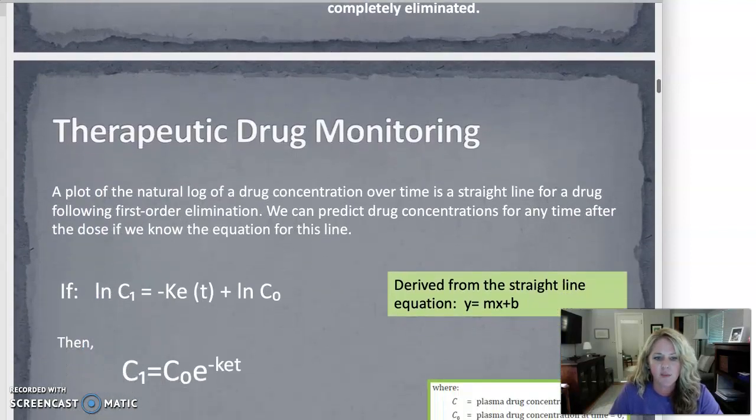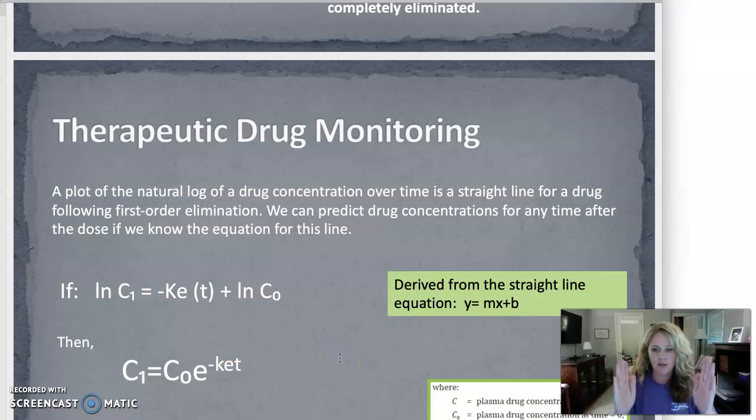So for therapeutic drug monitoring, this formula right here is so helpful, and you can manipulate it to use it several different ways. This is just the straight line. If you think about drug elimination on a first order, you've got a straight line going down. If you have one concentration point and you know the KE, you can predict what another concentration will be at a time away from where you started.